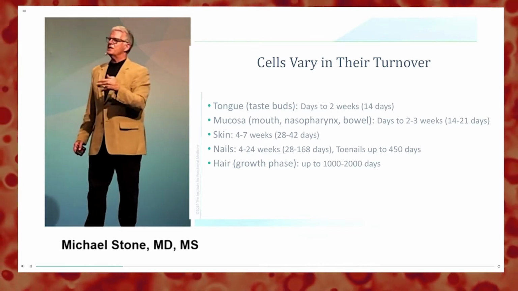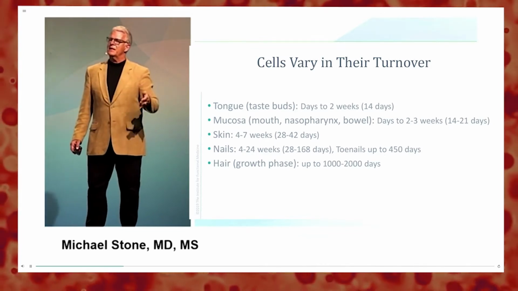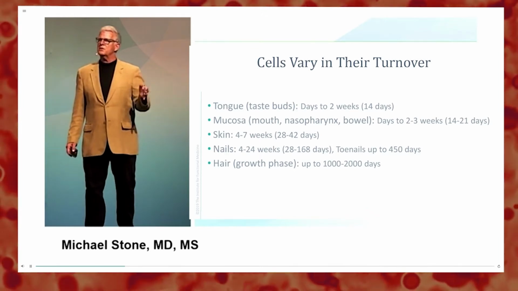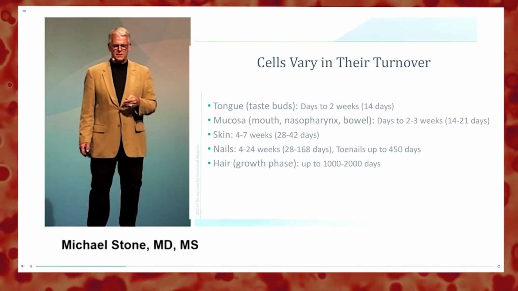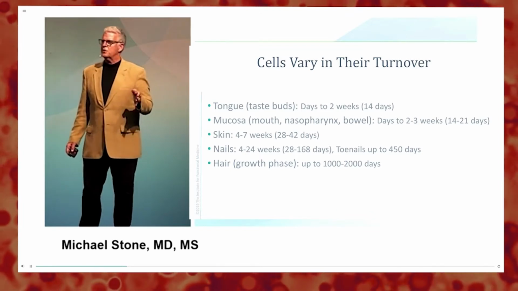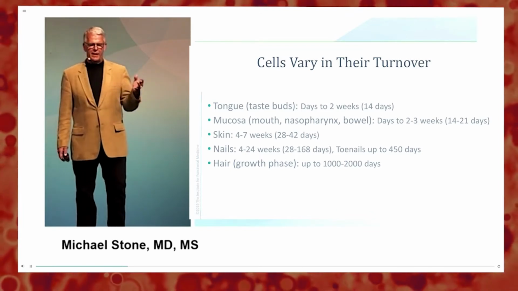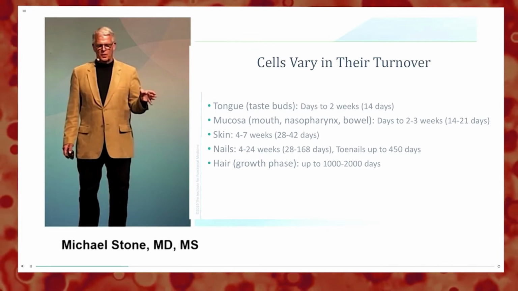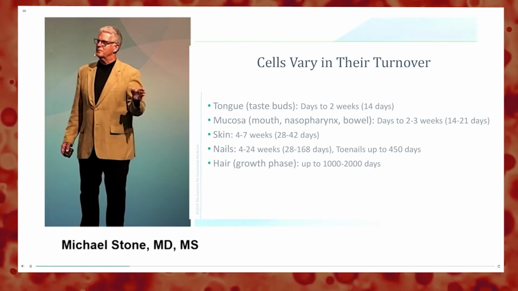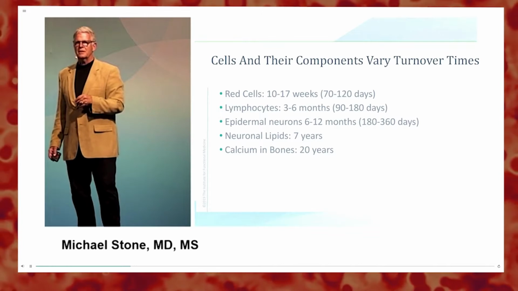We know the mucosa of the mouth and mucosa of the intestine has a finite period of time. The skin turns over anywhere from 28 to 42 days. The nails, fingernails and toenails, turn over at a different speed. The hair during the growth phase can grow up to 2,000 days before that phase changes.